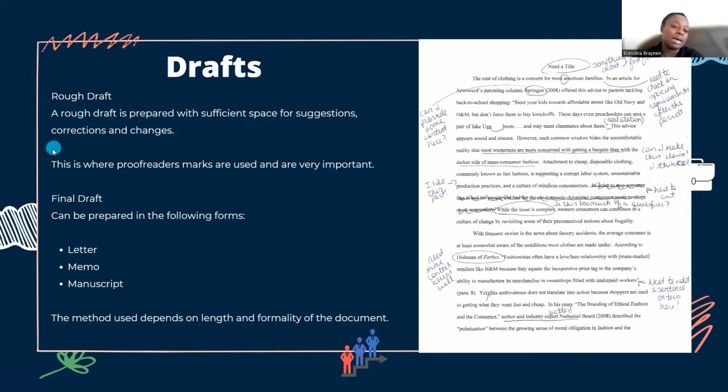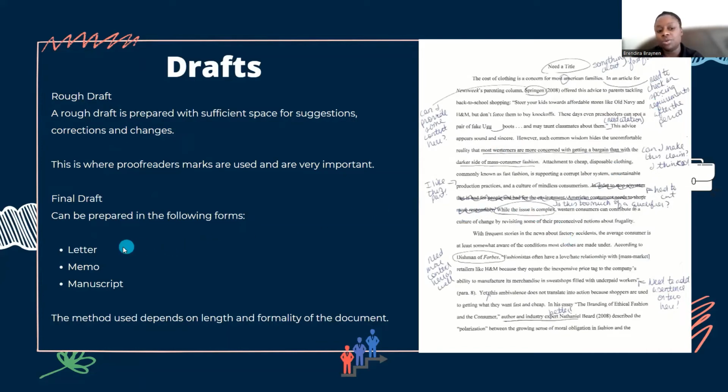We spoke about it last time in business correspondence, but this is considered to be a rough draft, which is just a draft prepared with sufficient space for suggestions, corrections, and changes. So your first writing of the particular report or document is in draft form, and then somebody looks at it, makes suggestions, corrections, and changes, and then a final draft is prepared, applying all of the changes that are suggested.